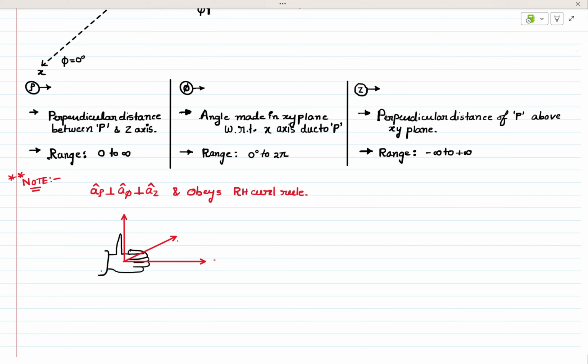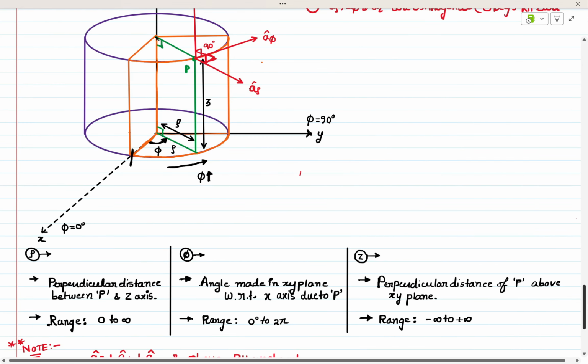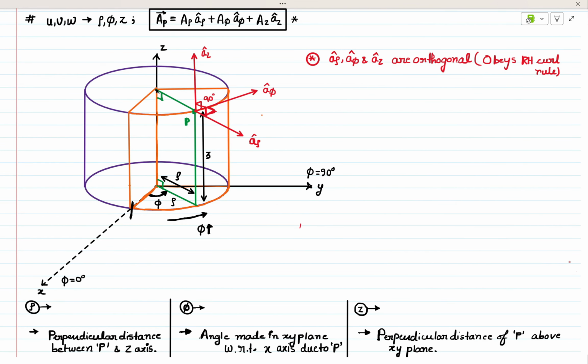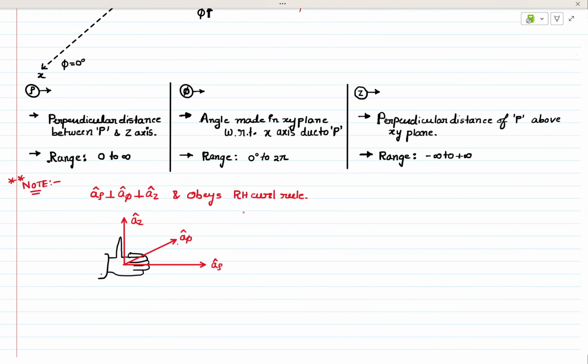And the three arrows were what? One was a rho. This was the a phi, and this was the a z. You can see there is the rho, phi, and z. These are the three arrows, and definitely each of them is orthogonal to the others.